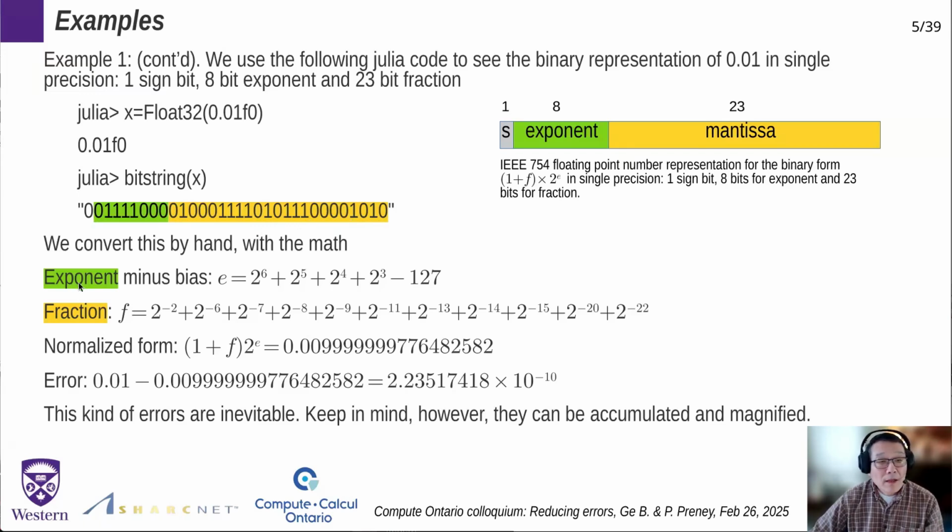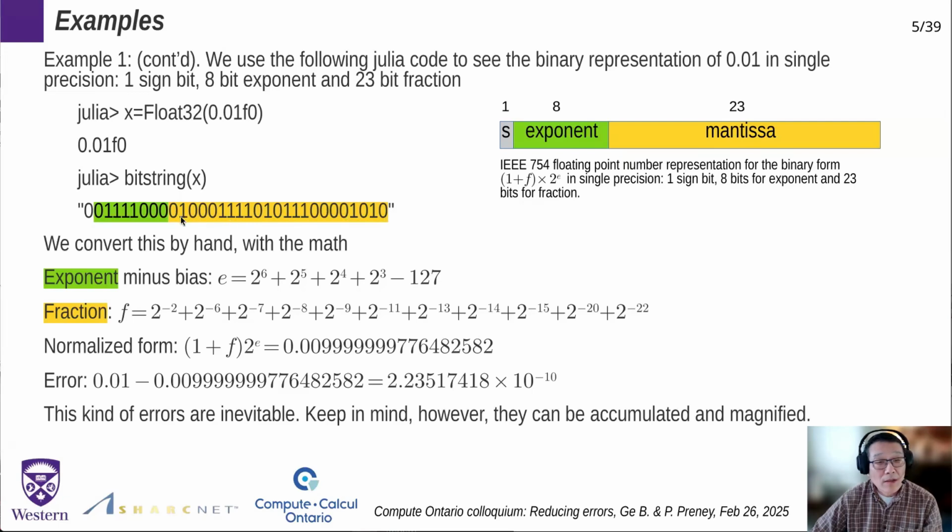So we first calculate the exponent component, and if you read it carefully, maybe you can read it afterwards in the PDF file, we compute the exponent minus the bias, which is 127, and this gives us -7. And then we calculate the fraction, just counting from the ones in this fraction part.